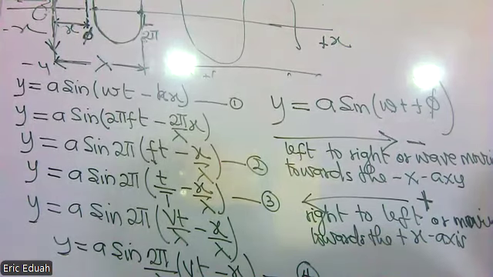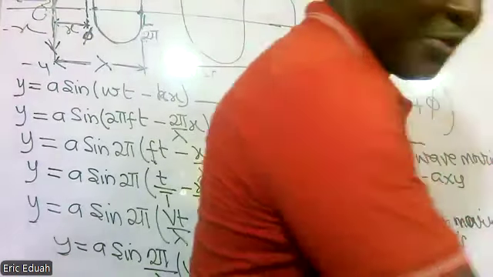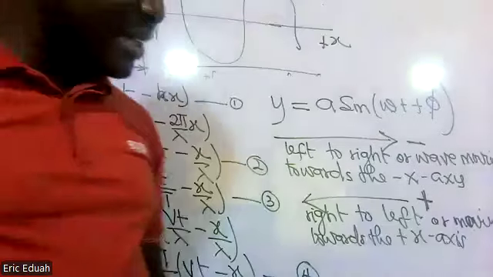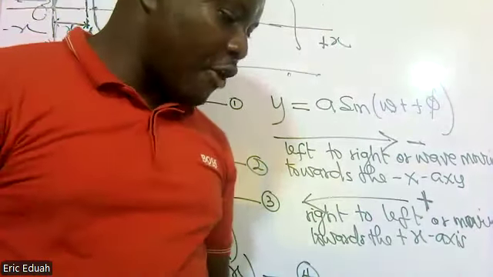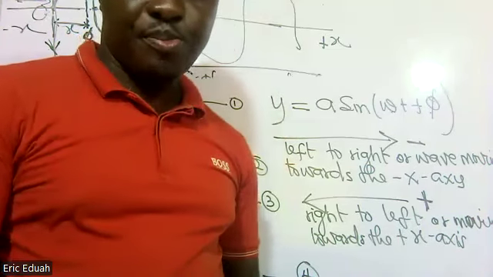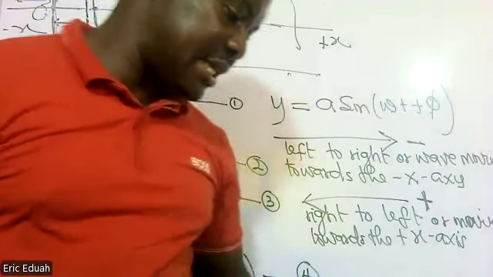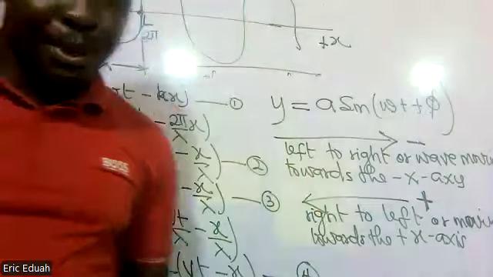A wave is represented by the equation y is equal to 7 sine, open a bracket, 40 pi t minus 8 pi x.